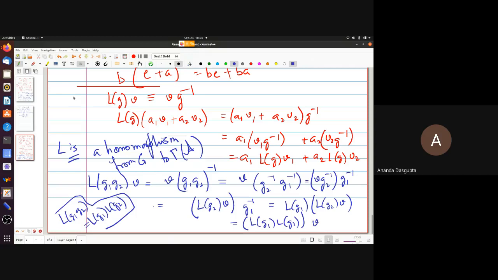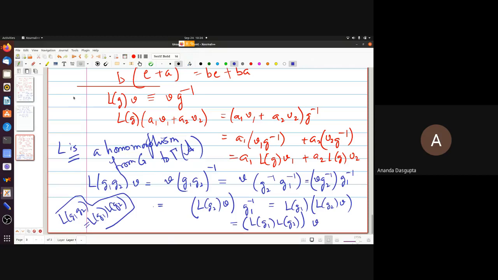There are two different things here. One is L, which maps G to LG, and LG itself is a map which acts on vectors to produce new vectors. So the homomorphism, of course, is L because it acts on every group element of capital G to provide an LG which is a member of gamma A. Gamma is simply the group of automorphisms of the vector space.